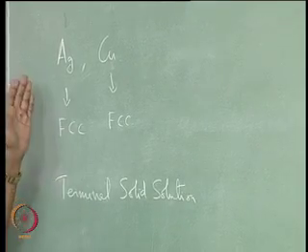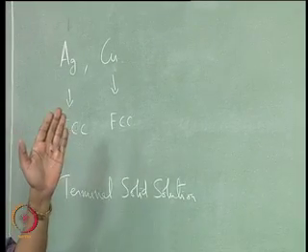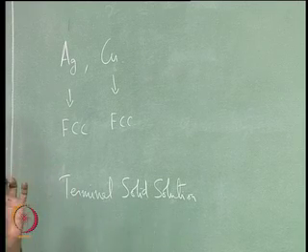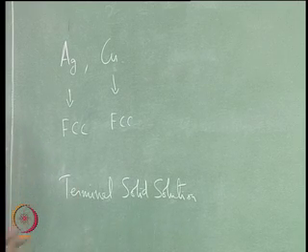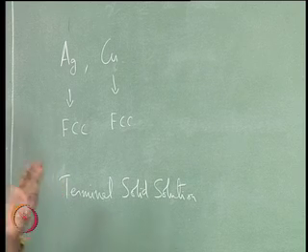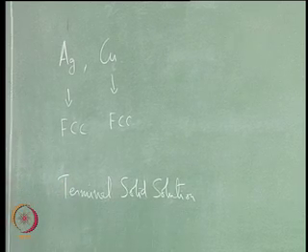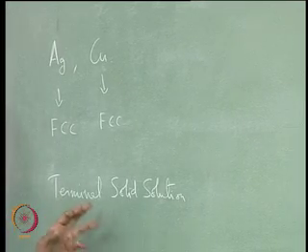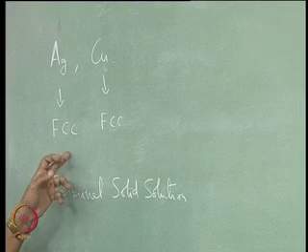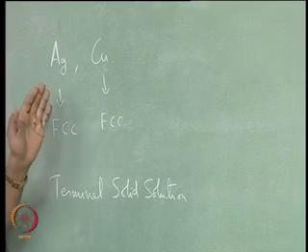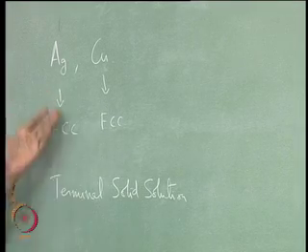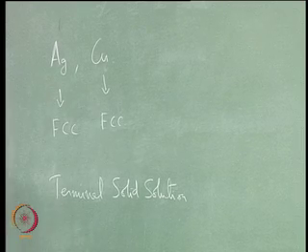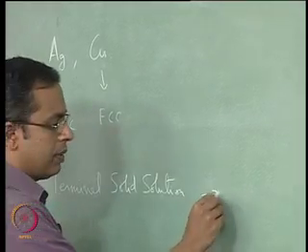You start from 100% silver and start adding some other alloying element, and the first initial solid solution that forms is called the terminal solid solution because it is very close to the end of the composition scale. It will typically have the FCC structure of the parent material because it is still a solid solution. So in both silver and copper, the terminal solid solution is typically FCC.